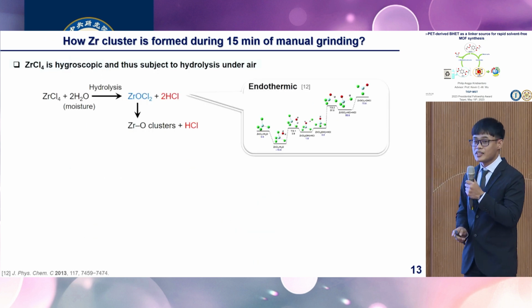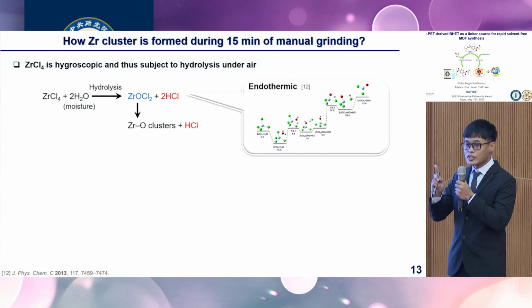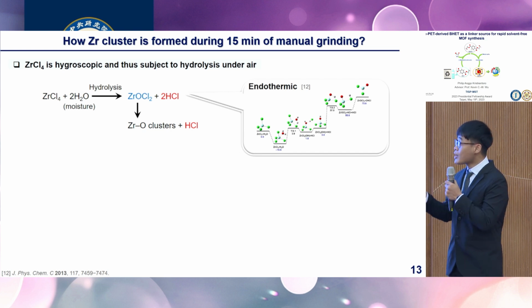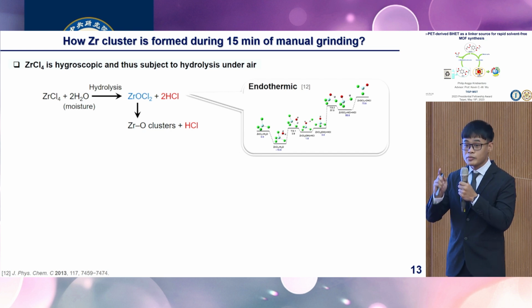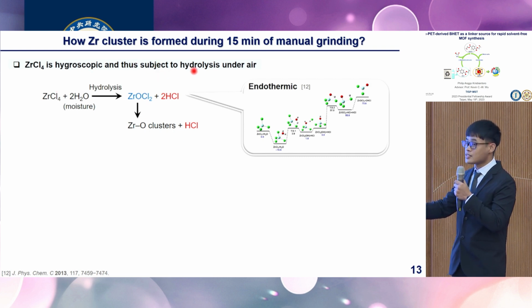The next question is how the zirconium precursor was converted into zirconium cluster. To answer this, we need to first remember that zirconium tetrachloride is highly hygroscopic and therefore subject to hydrolysis under air.